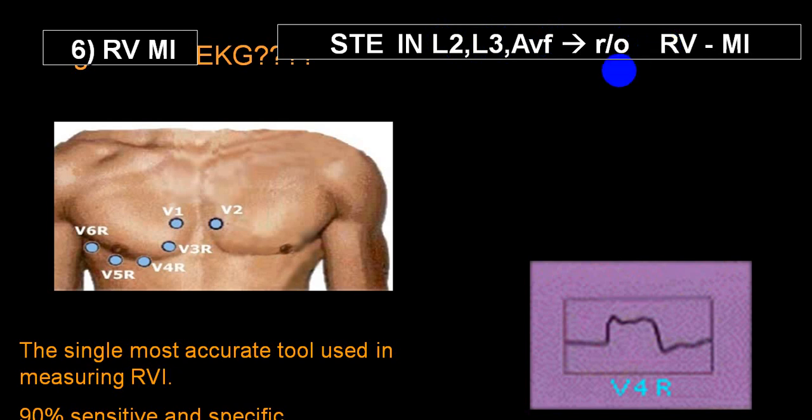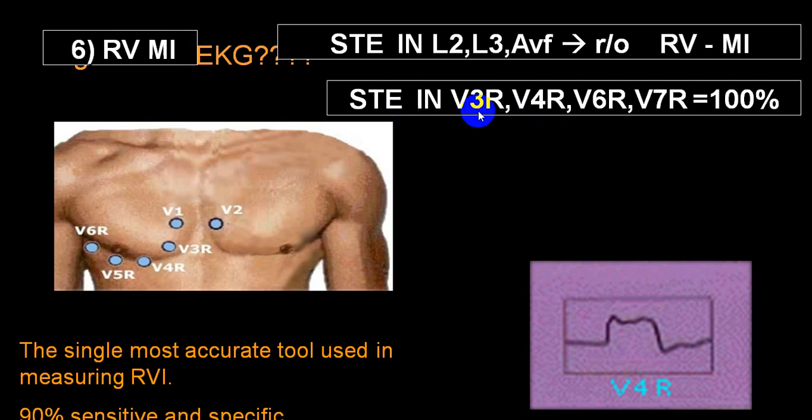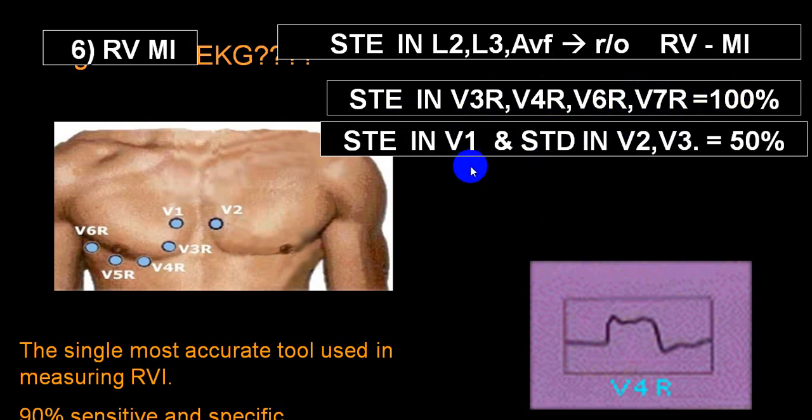So in a RVMI, ideally you will have to take V4R. But if you get an ST elevation in V3R, V4R, V6R or V7, it is 100% in favor. But in routine ECG, if you get ST elevation only in V1, but there is a ST depression in V2 and V3, it is 50% in favor.